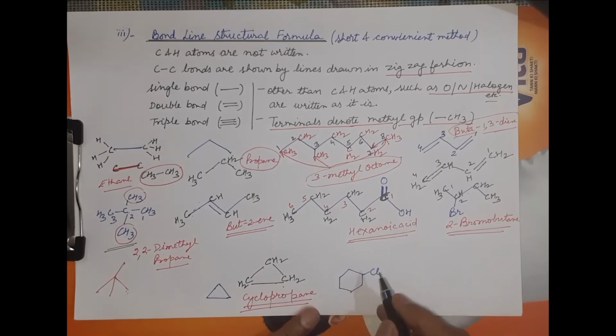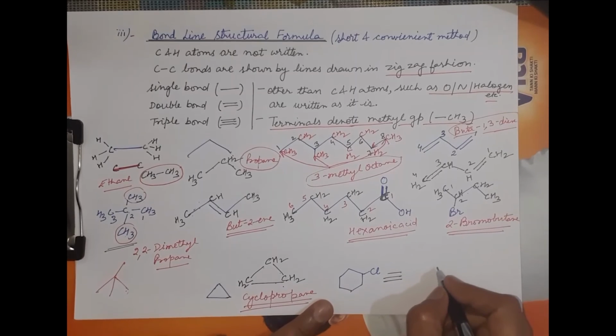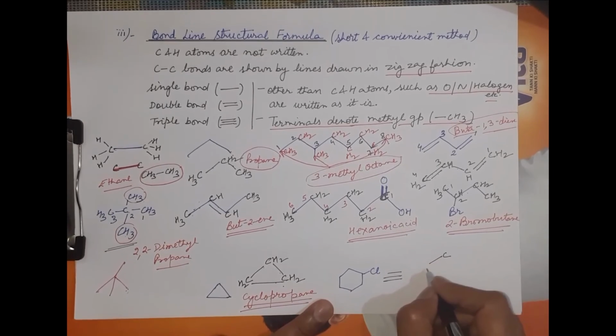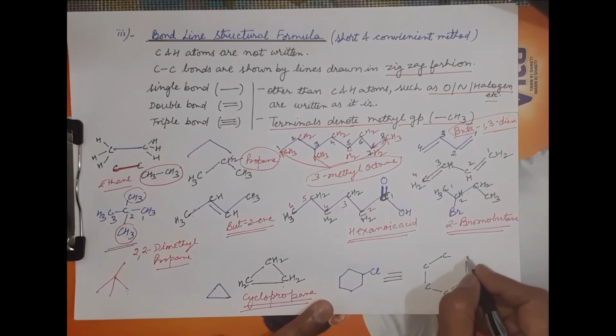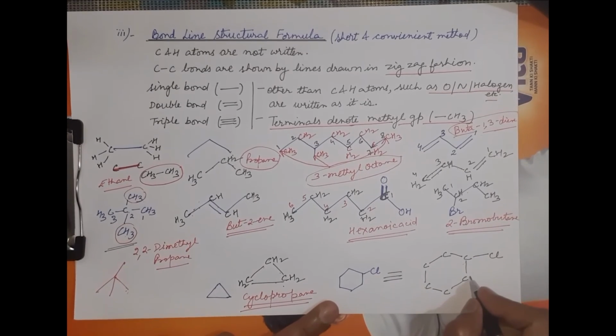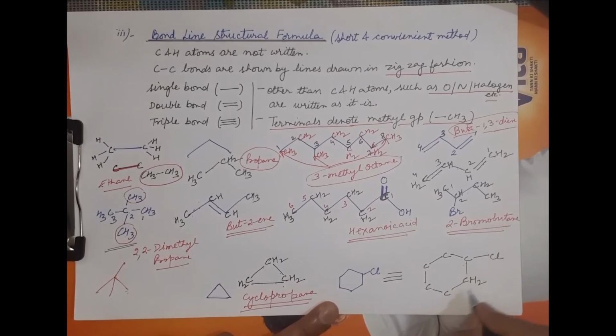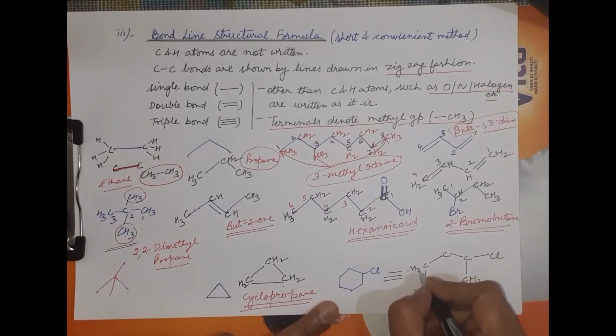So this is another example where a cyclohexane ring is there having 1 chloro group. So we can write it like this. 6 carbon cyclohexane ring. This is cyclohexane ring and this carbon is having 1 Cl. So the other carbons will be CH2, CH2, CH2, CH2.